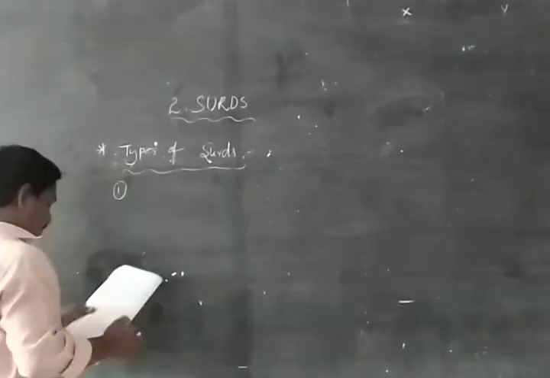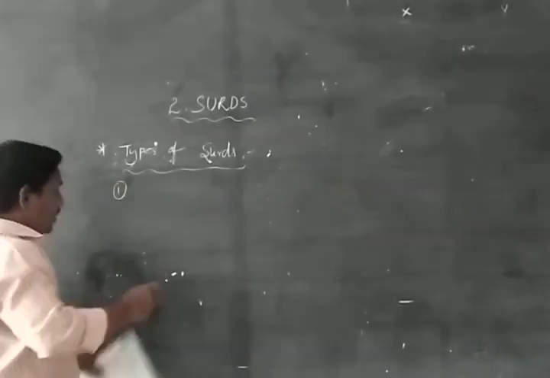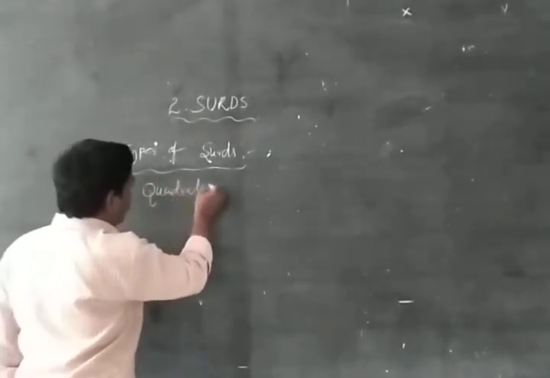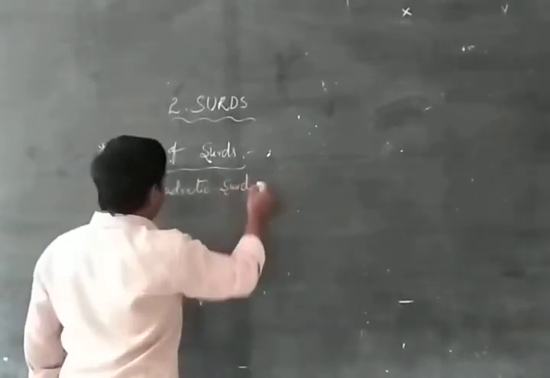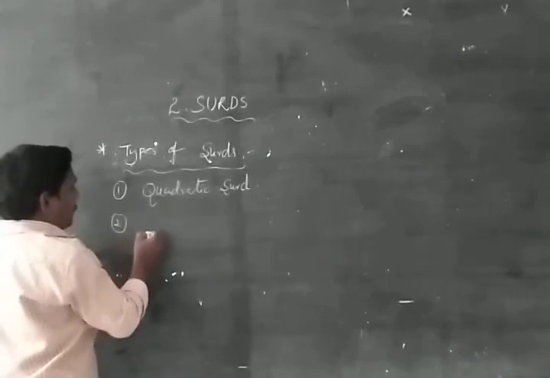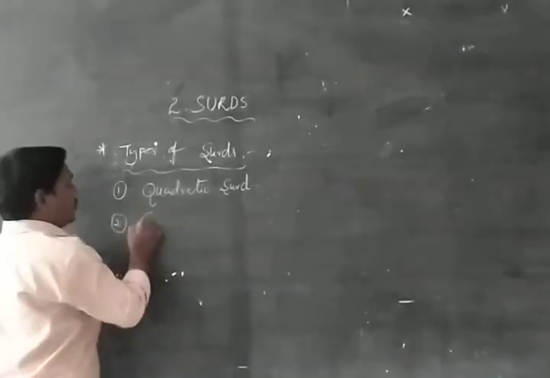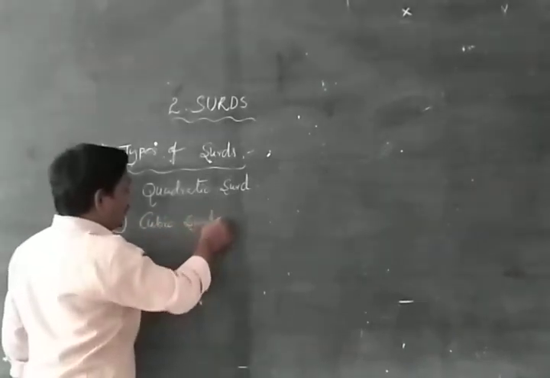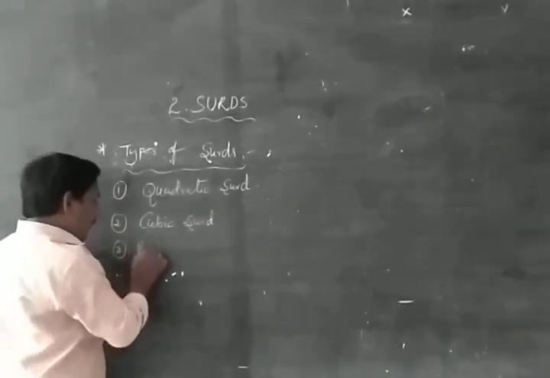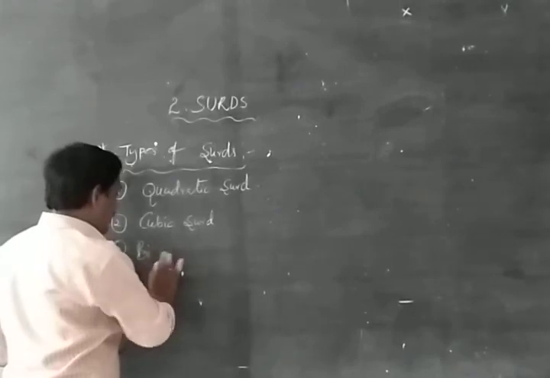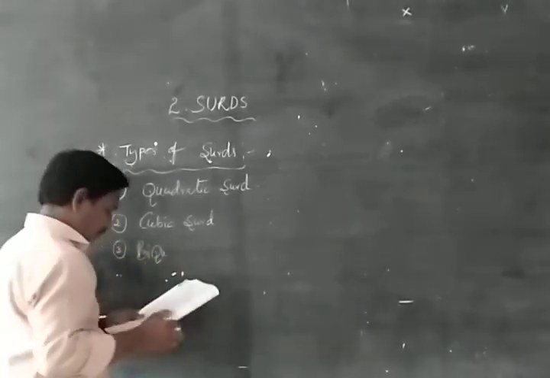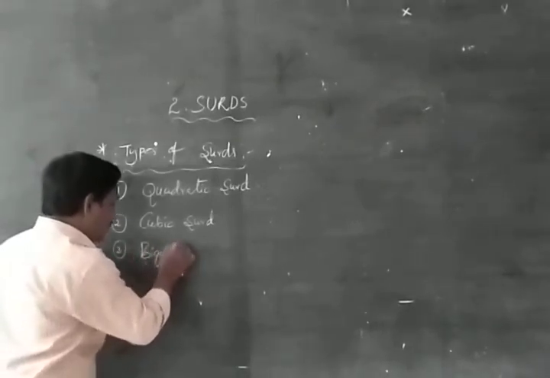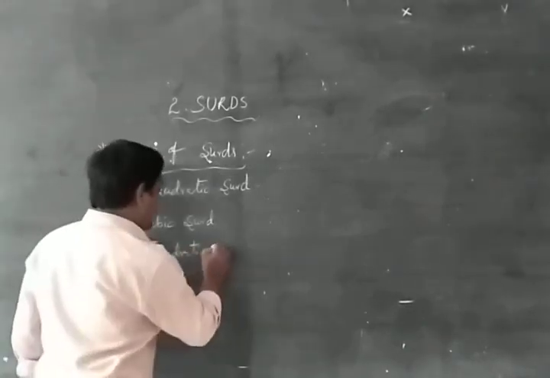First one, quadratic surds, second one, cubic surds, and third one, biquadratic surds.